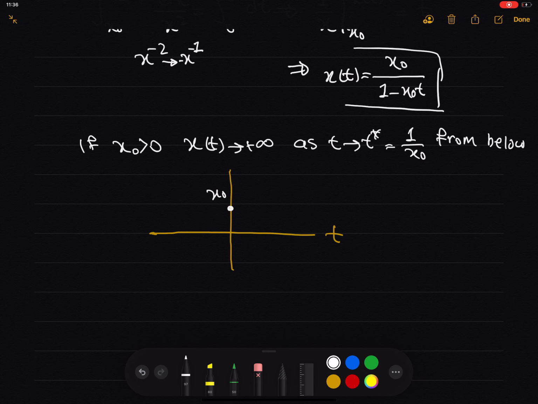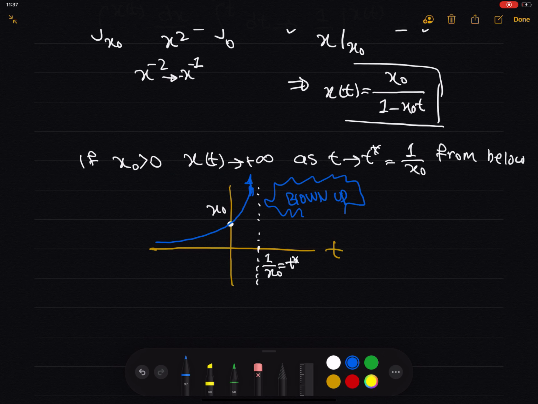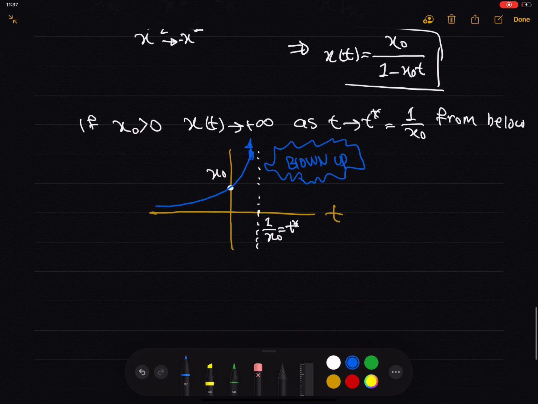And then 1 over x0 is where it's going to go to infinity, right? I'm going to show it here, and this is 1 over x0, which is t star. And if you plot it, you will see something like this. And here it goes to positive infinity from below. So here the solution is going to blow up as it goes to here.